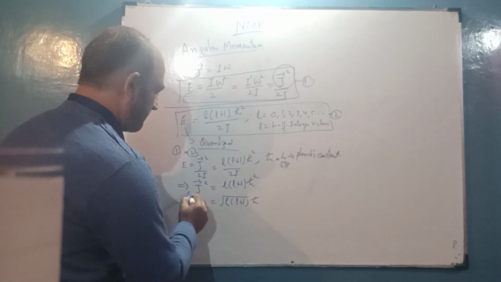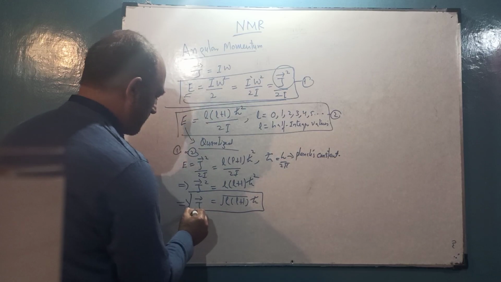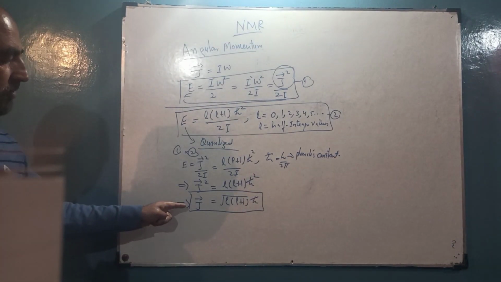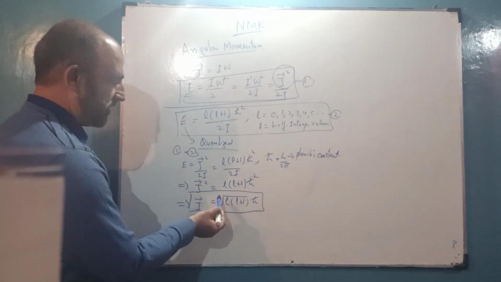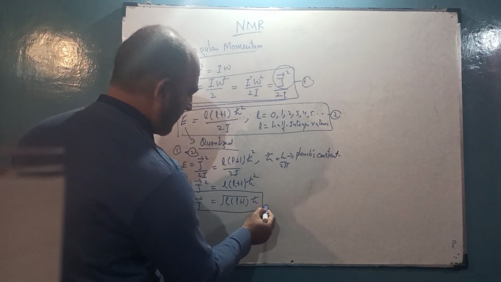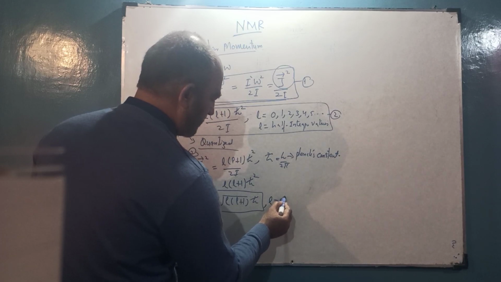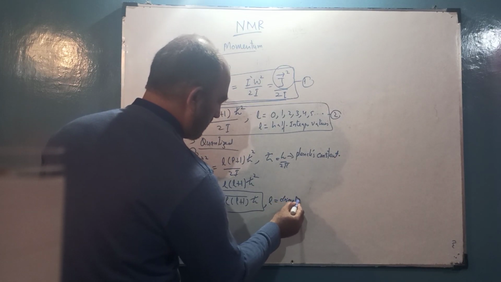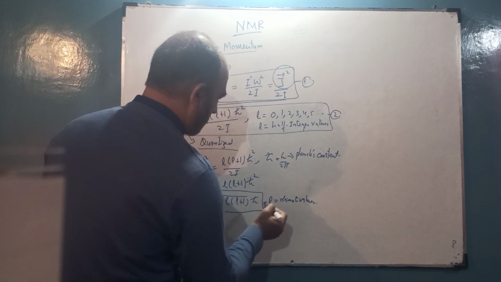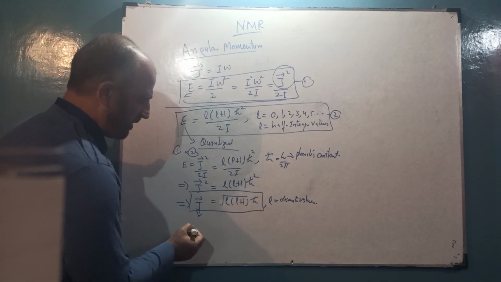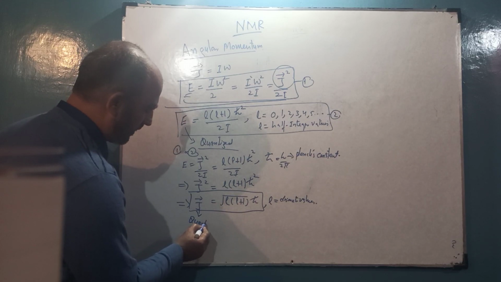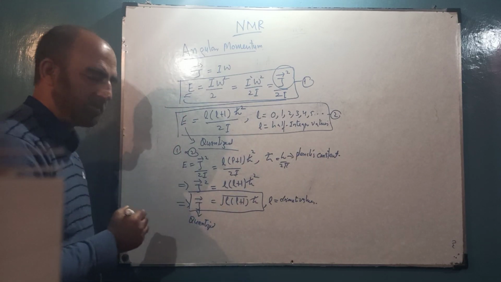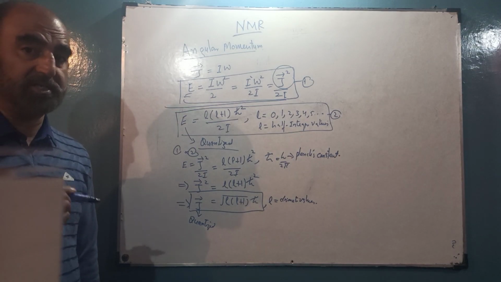So that means the angular momentum is equal to root of L into L plus 1, where L can have certain discrete values. That means angular momentum of subatomic particles is also quantized. Angular momentum cannot have all possible magnitudes.